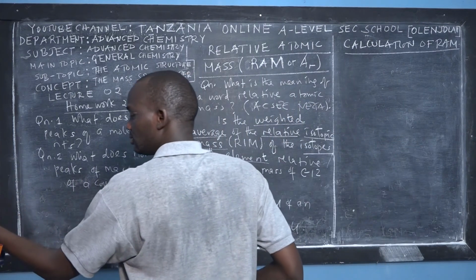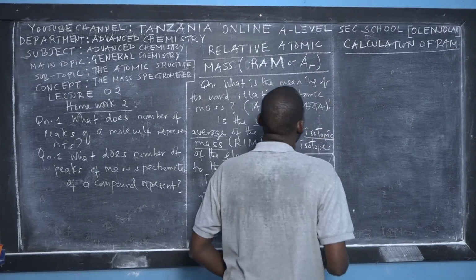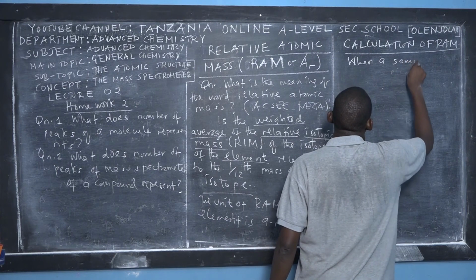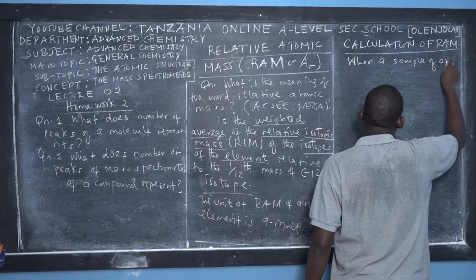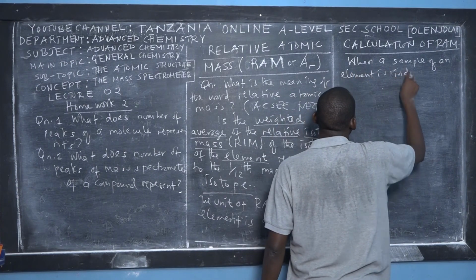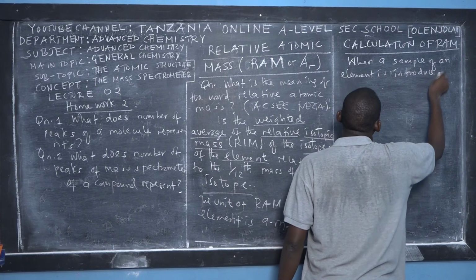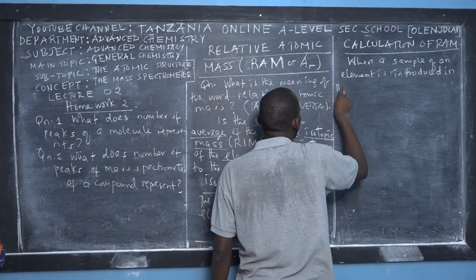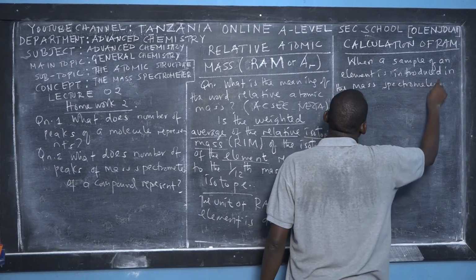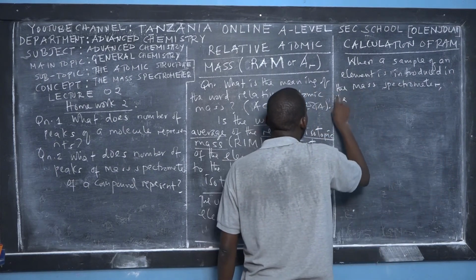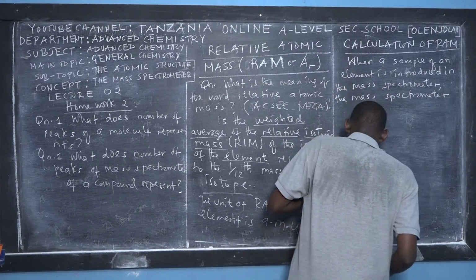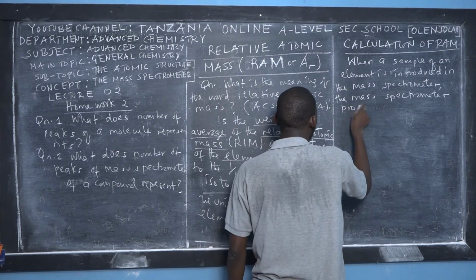We say that when a sample of an element is introduced in the mass spectrometer, then the mass spectrometer produces what I told you.